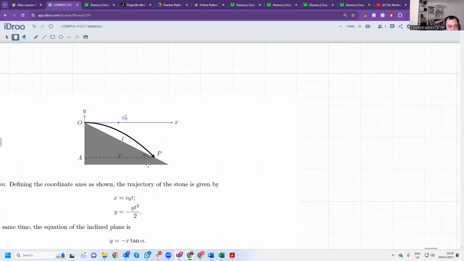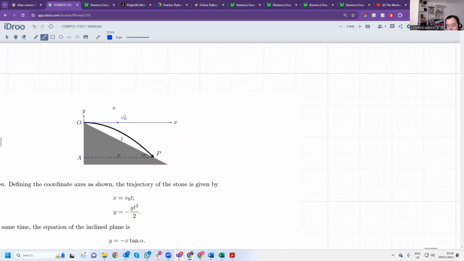Another way of approaching this, you can say, okay, what we've done here in the assignment, we said that this is the x-axis, and this is the y-axis. We found the equation of this slant line.